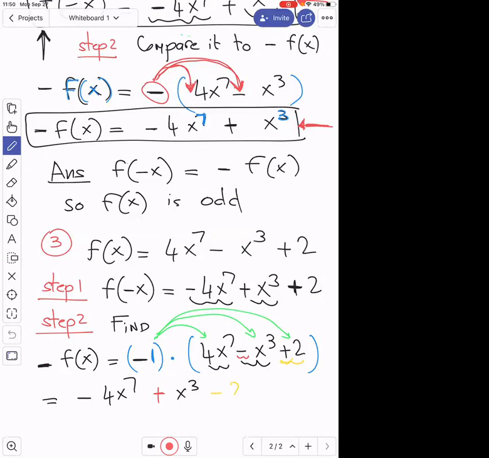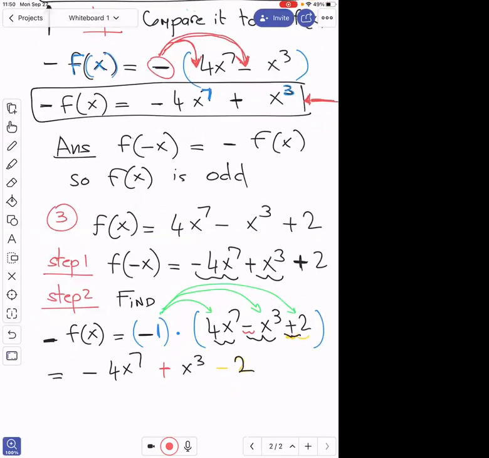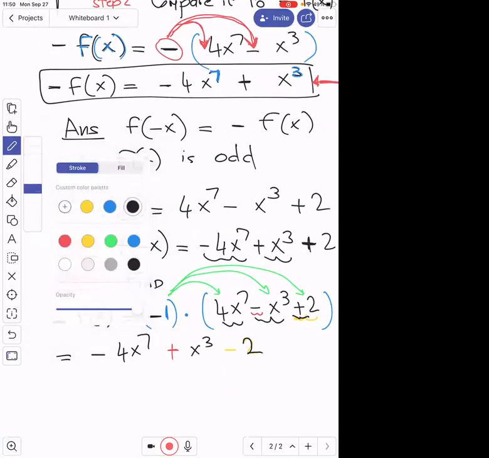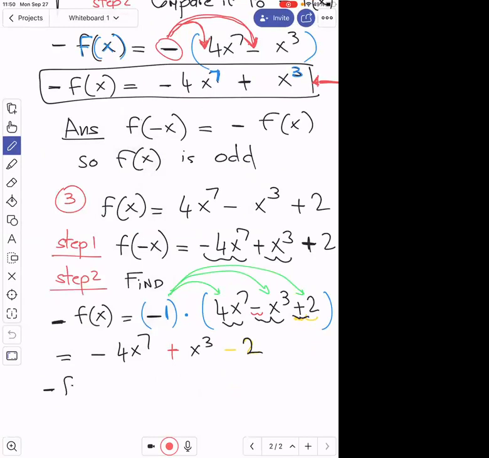It's -2. So this is like distributing the minus. The opposite of my function f, minus f of x, is actually minus 4x to the 7 plus x cubed minus 2.